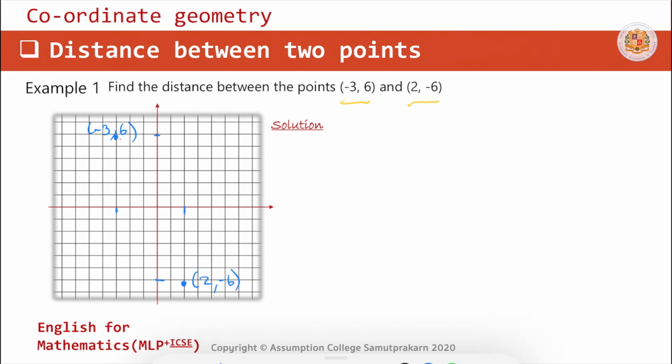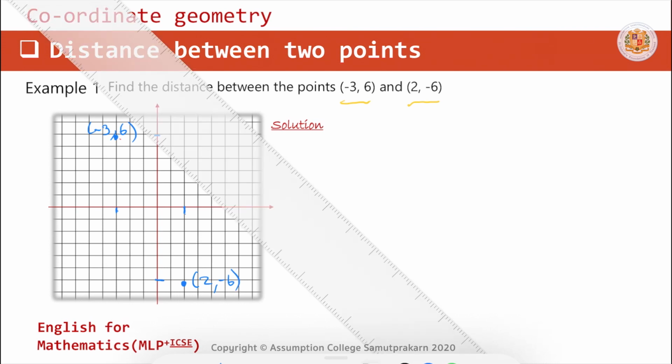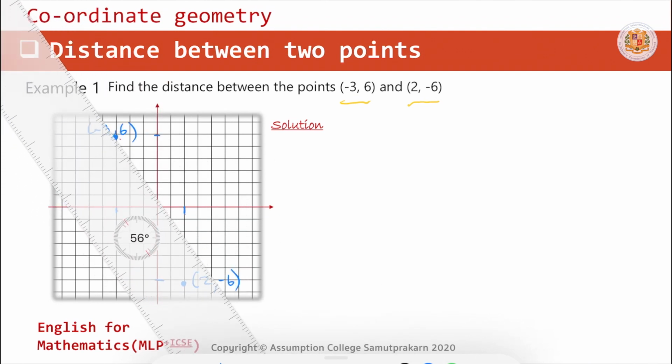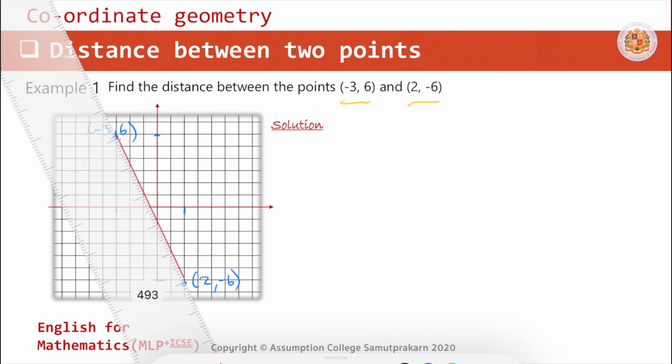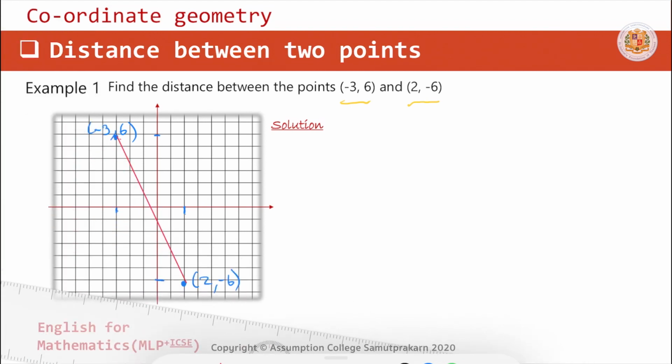The length between these 2 points, or the distance between these 2 points, let me represent it by this line here, the red line.